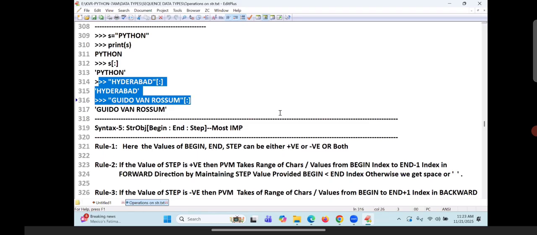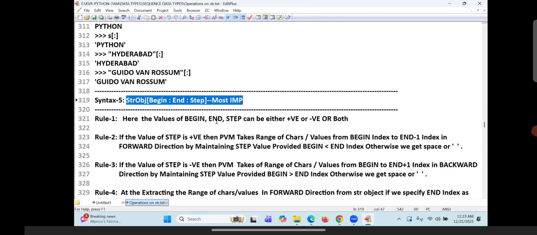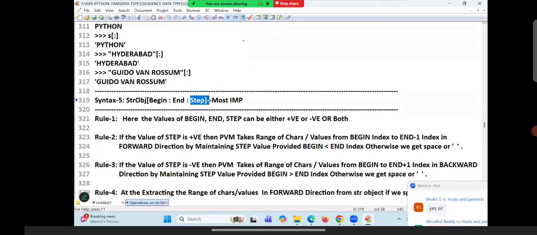Everyone do the work you are supposed to do. Syntax number 5. Come on. Come to the subject. In that step I am using, this step indicates forward, backward. There also there are so many conditions I said. Plus plus with plus step, plus minus with plus step, minus plus with plus step, minus minus with plus step.